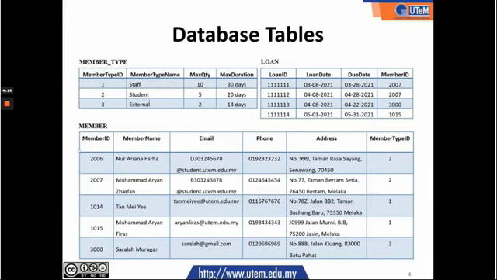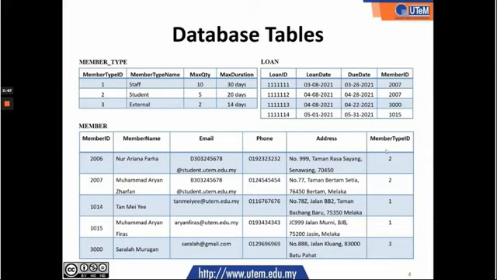Next is related to member data. Each member has a member type ID, number 1, number 2, or number 3. You may refer to this member type table to find out the member type name for each member type ID.